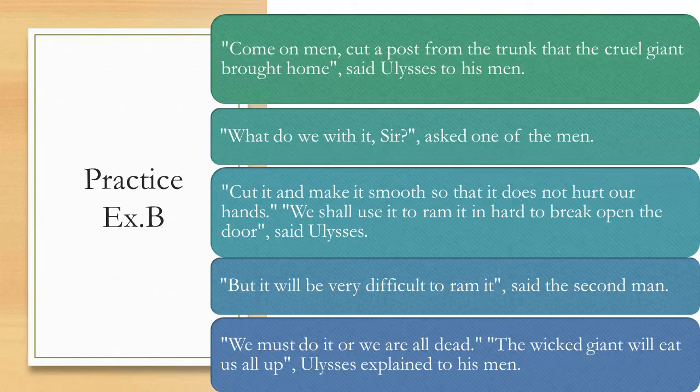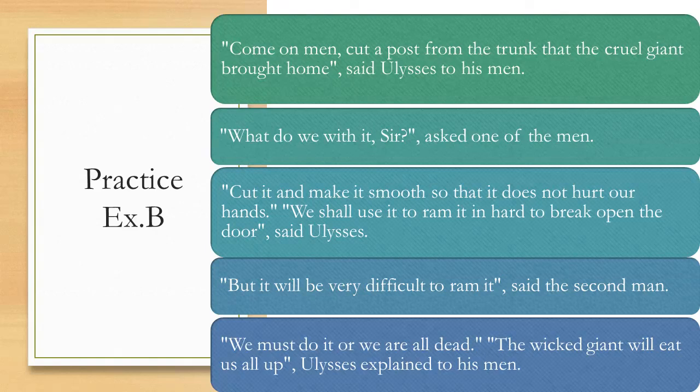In the first sentence, Ulysses was speaking. In the second sentence, his man is speaking. So, we will put inverted commas around "What do we do with it, sir?" And if we have to put an interrogative with the spoken words, the interrogative will also come under inverted commas.